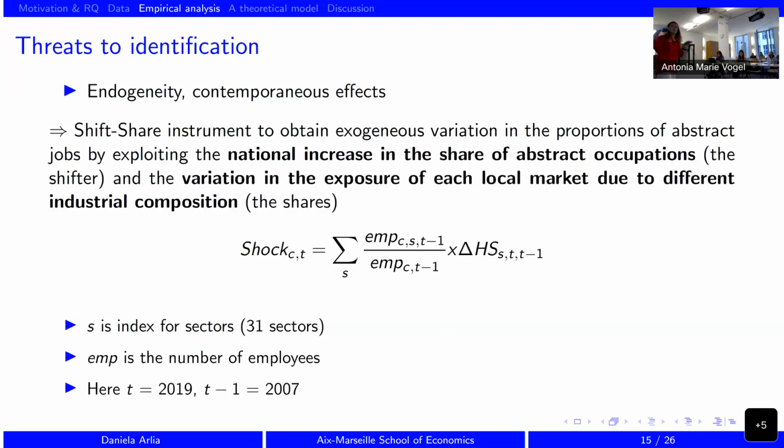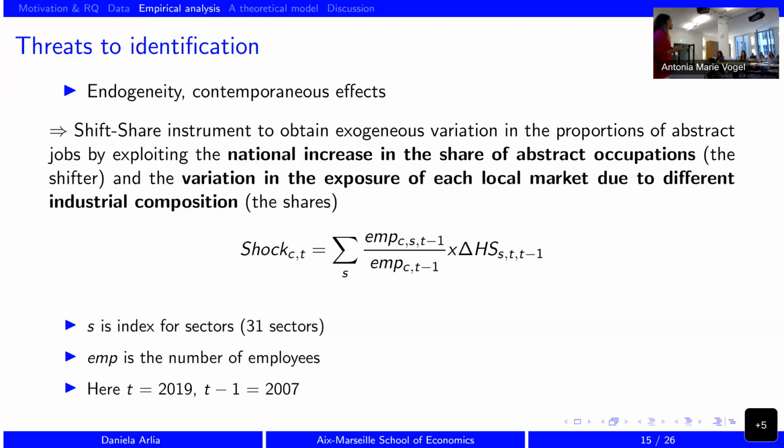This is my shifter across sectors, and the variation in the exposure of each local labor market due to different industrial composition. And I fix the share to the initial period. Actually, in my preferred specification, the shares are fixed 5 years before the initial period.